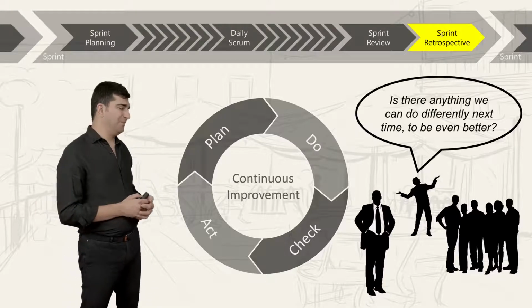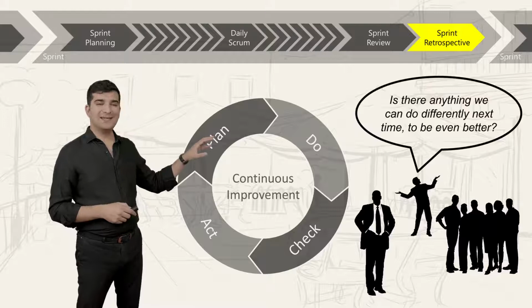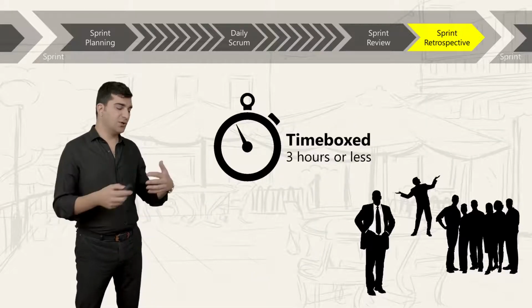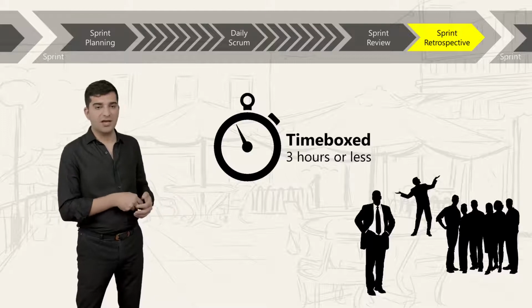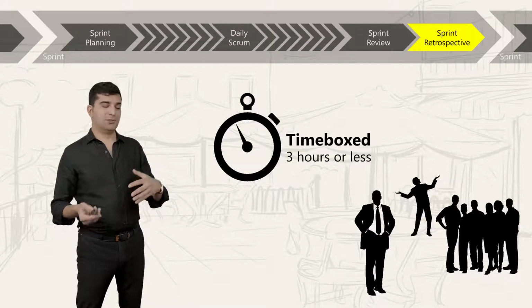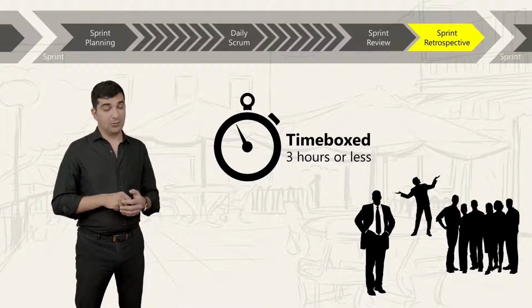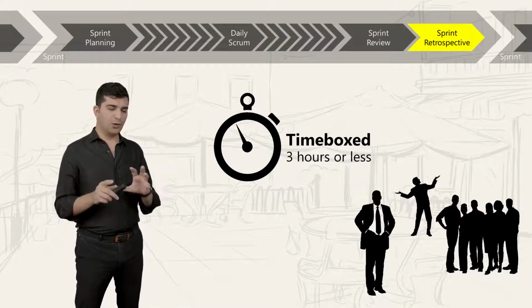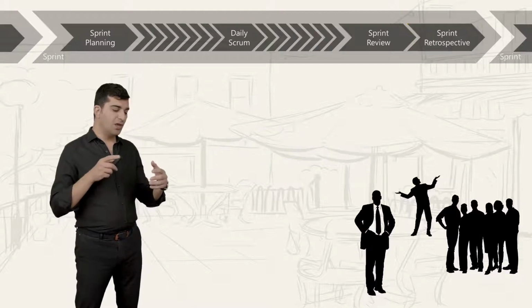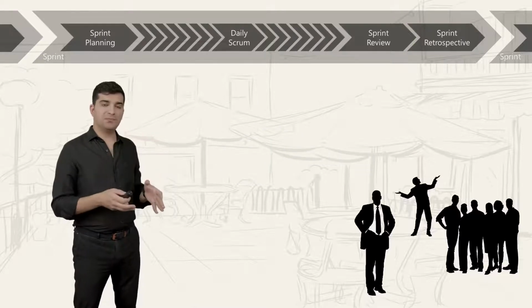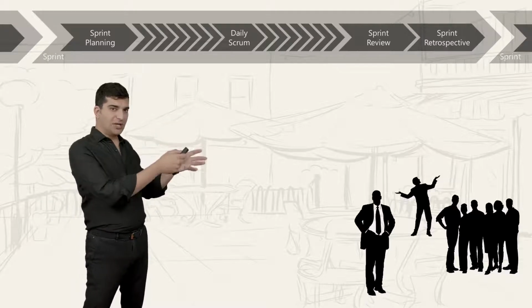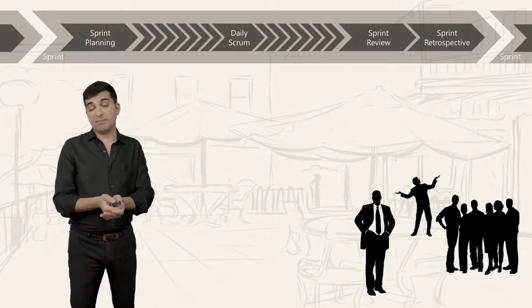That doesn't happen. And this event is time boxed for 3 hours in a 1 month sprint. And as usual, it's shorter proportionally. For example, in a 2-week sprint, it would be 1.5 hours. All right. So, one question. You remember that in the sprint planning meeting, we use the product backlog to create our sprint backlog.